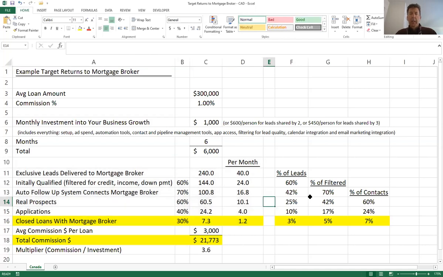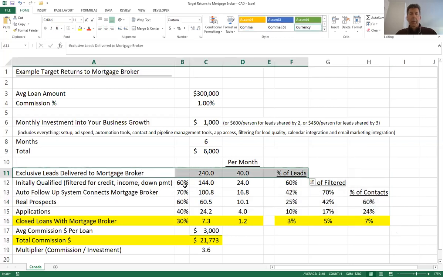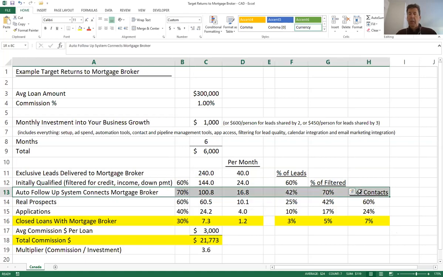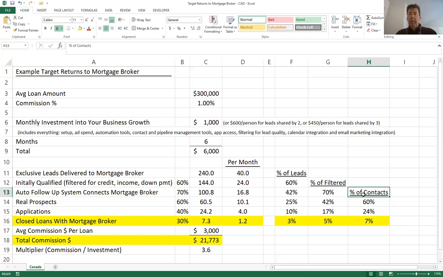Concept number two is this: if we take a look at the percentages of who you're actually doing business with, we can look at the percentage of the leads that come in, or those that have been filtered, passed through the filter. But let's get right to the percent of contacts. So this is where your work starts. And so you're going to be in touch with these people here.